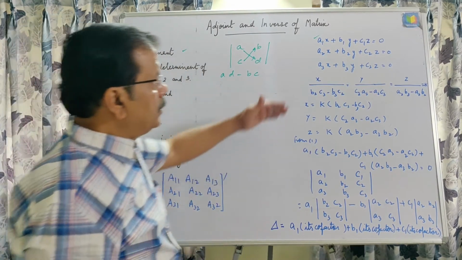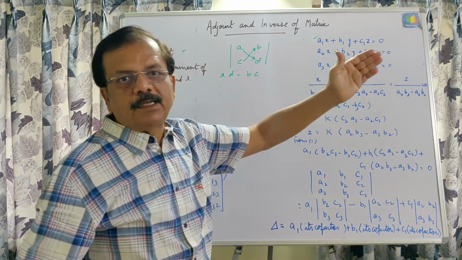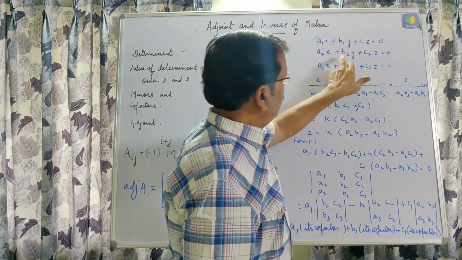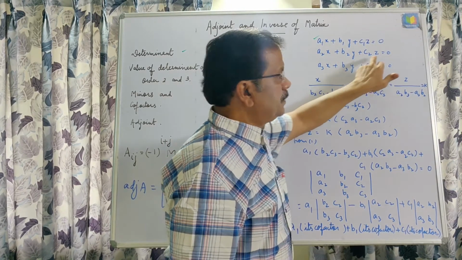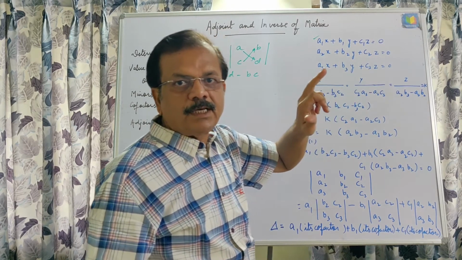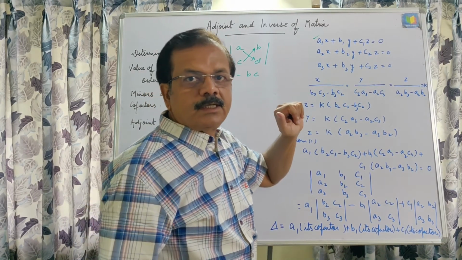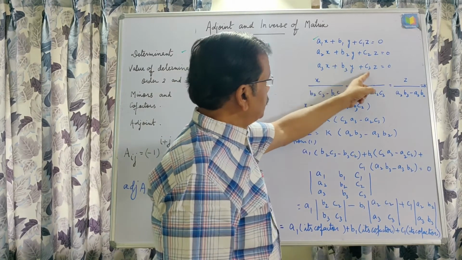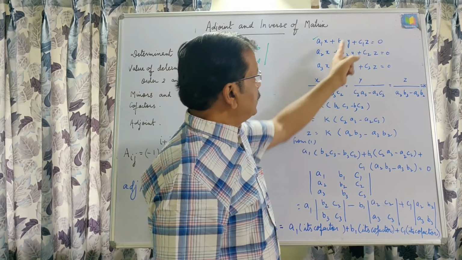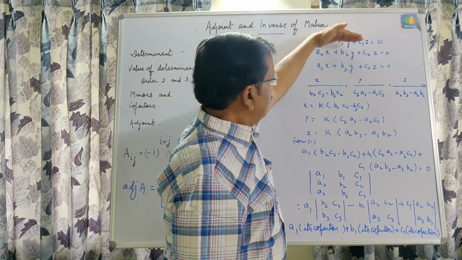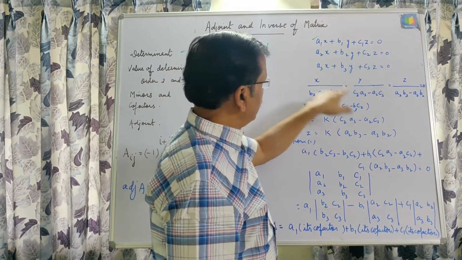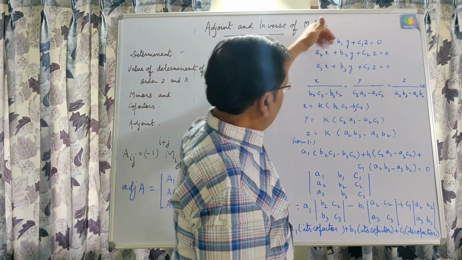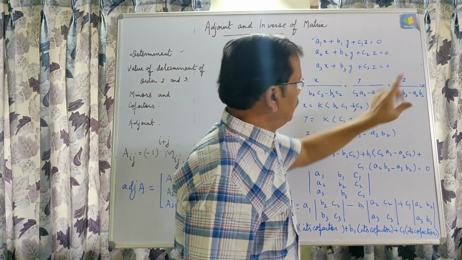And how to solve these three equations we already studied in lower classes, that is, x upon, hiding this, B2C3 minus B3C2. This we were using during the cross multiplication method. x upon B2C3 minus B3C2 is equal to y upon, hiding this, A2C3 minus A3C2, and z upon A2B3 minus A3B2.